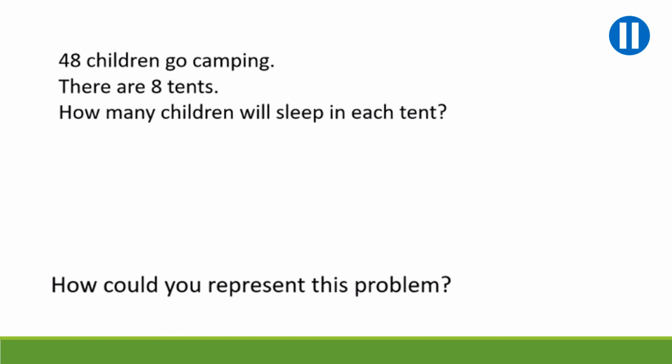Let's take a look at this question. 48 children go camping. There are 8 tents. How many children will sleep in each tent? What's the same and what's different about this question and the question that we have just looked at? How could you represent this problem? Pause the video here and have a think.